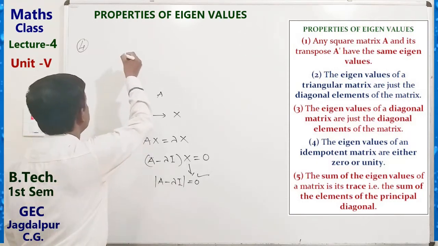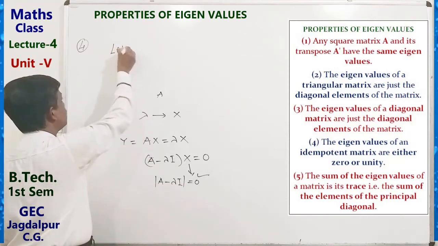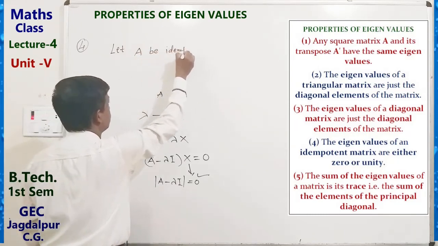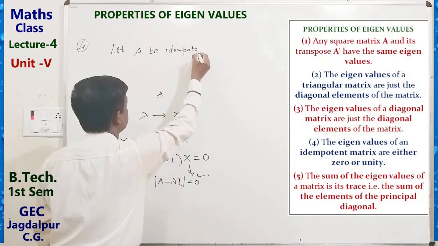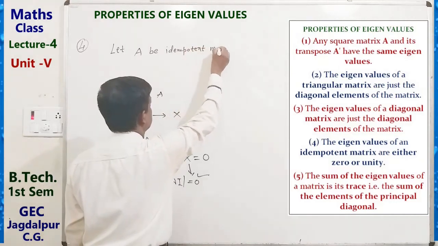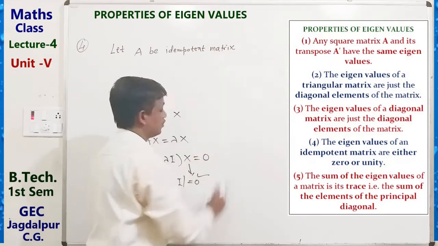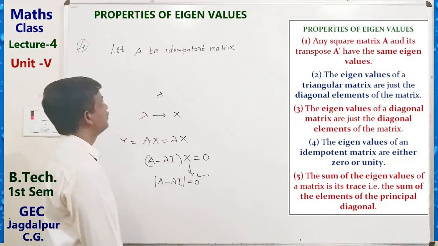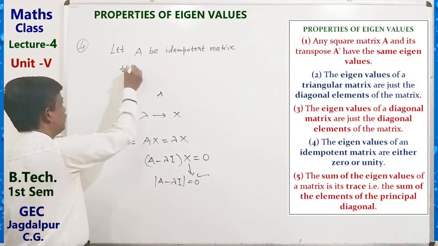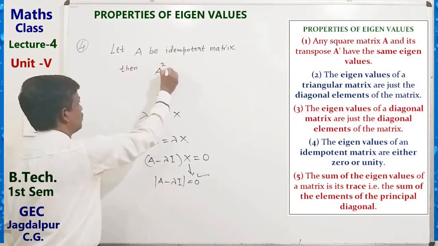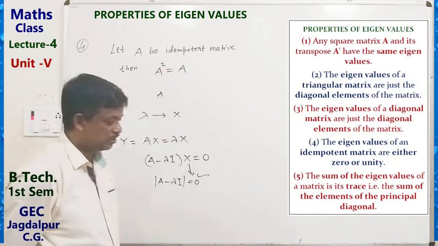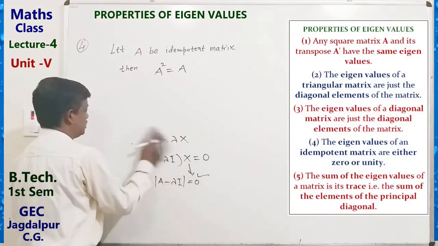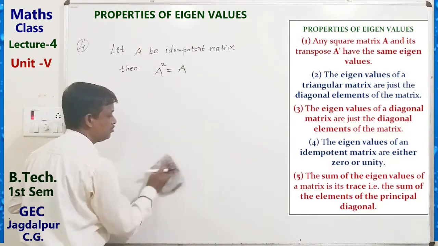So here let A be an idempotent matrix. Then we know A square equals A. This is the idempotent rule. Now, just suppose lambda is an eigenvalue of A.